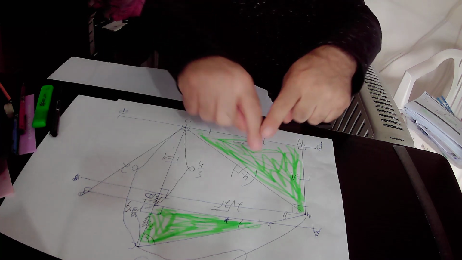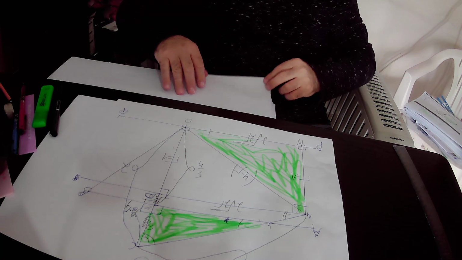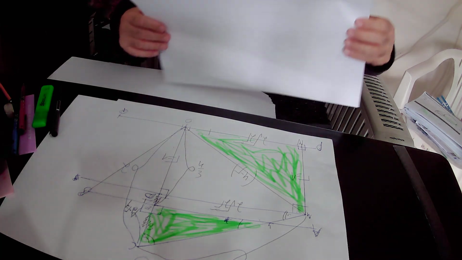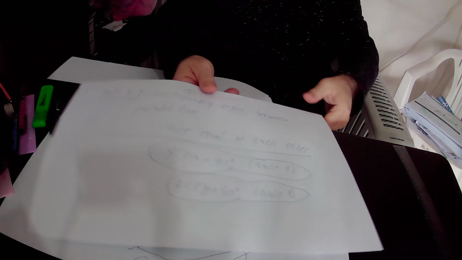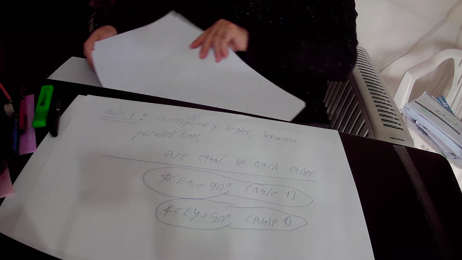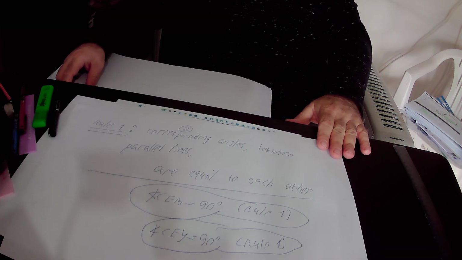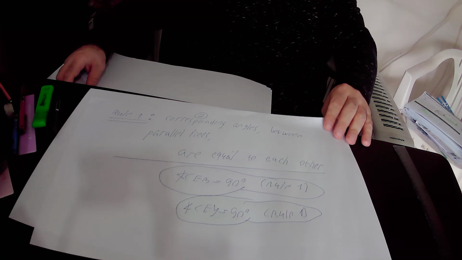We know that AB is parallel to PQ, and according to rule number 1, corresponding angles between parallel lines are equal to each other.